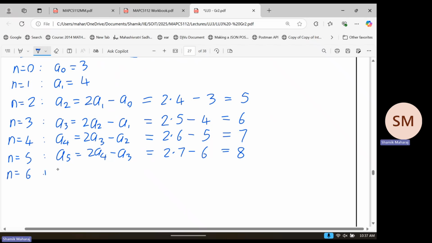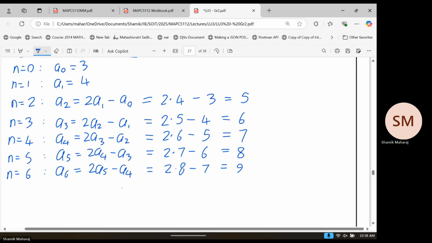N equals 6. A6 is equal to 2 times A5 minus A4, which is 2 times A5, worked out to be 8, minus A4, worked out to be 7. So that's 16 minus 7, which is 9.